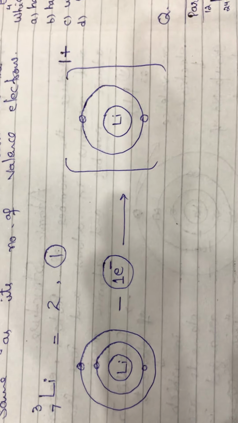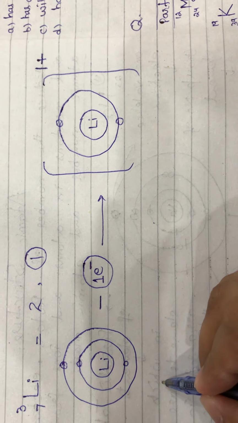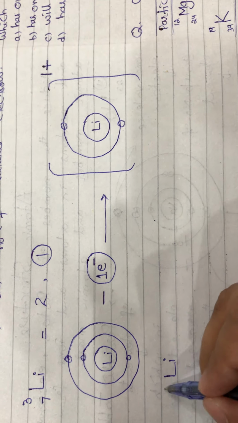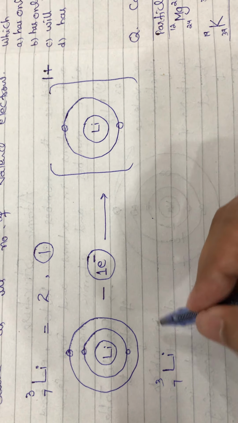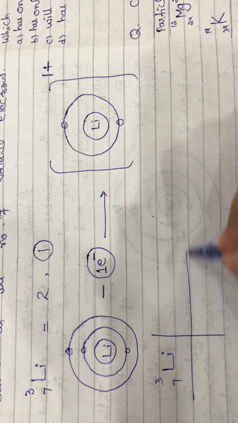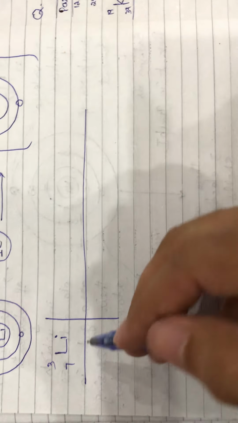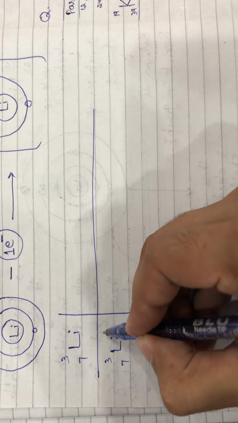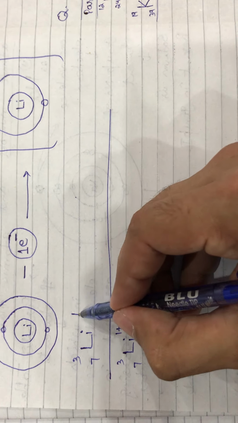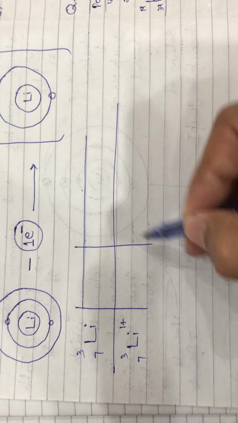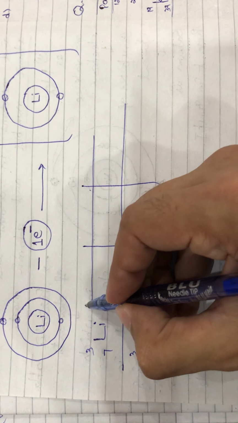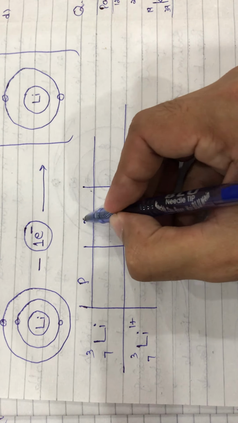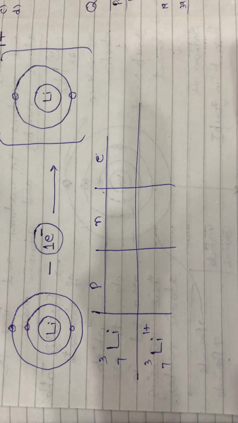Now what's the difference between the lithium atom and lithium ion? Now 3 7, this is the lithium atom and this is the lithium ion, 1 positive. Now we want to discuss the number of protons, neutrons and electrons.